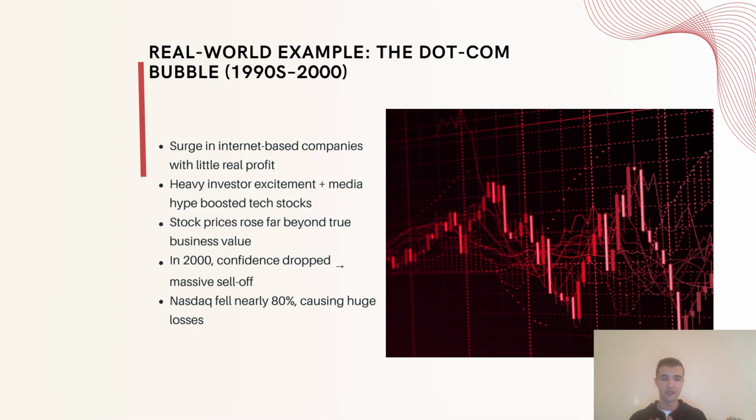Media and storytelling pushed tech stocks higher and higher. Stock prices rose far beyond what companies were actually earning. Around the year 2000, confidence suddenly dropped. Investors realized that many of these companies were overvalued and not sustainable. A massive sell-off began, and the Nasdaq index fell almost 80%, causing huge losses for many people. This is a really classic bubble pattern: hype, overvaluation, and then a brutal correction.